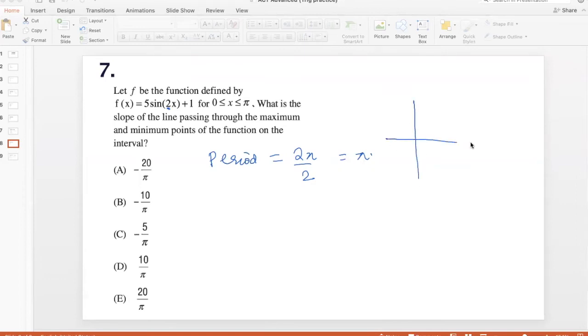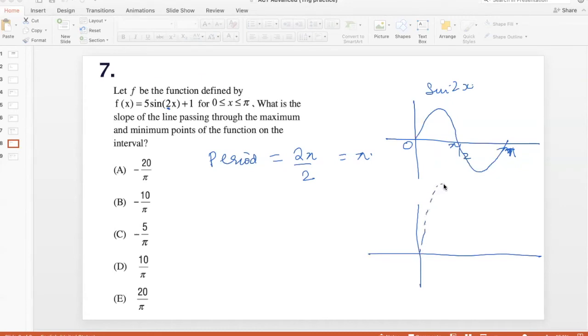So 0, pi by 2 and pi, right? So this is how the function would look. Okay. Now, this is just the graph of sine 2x. But I need the graph of 5 sine 2x. And 5 sine 2x would look like this.